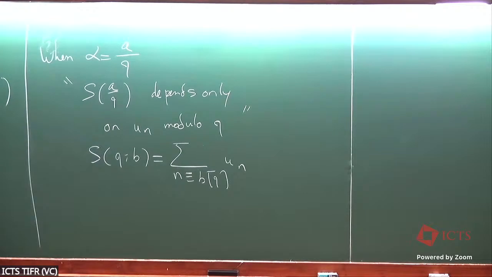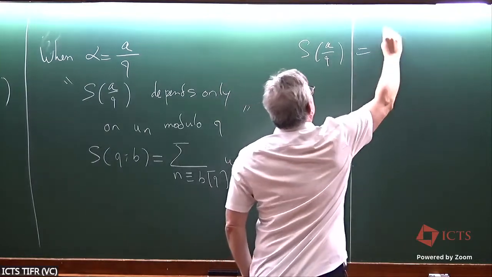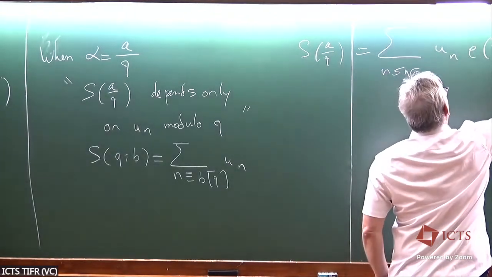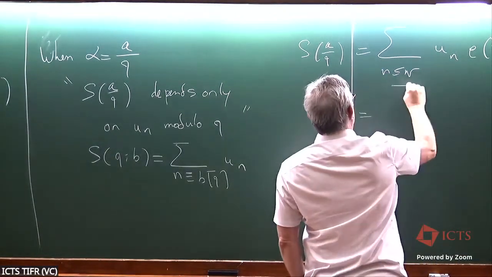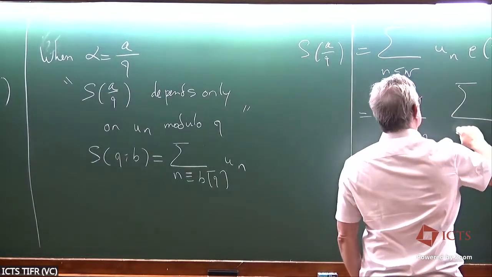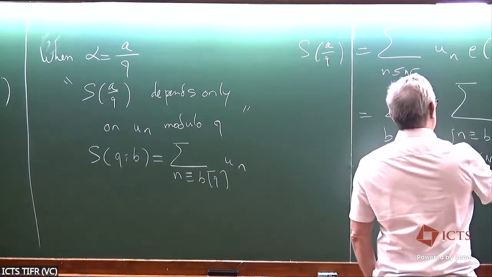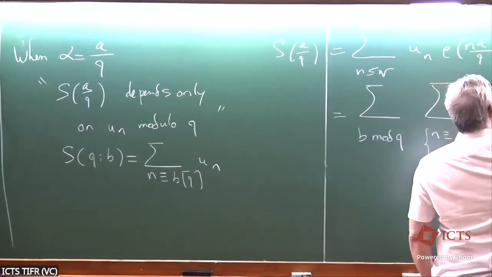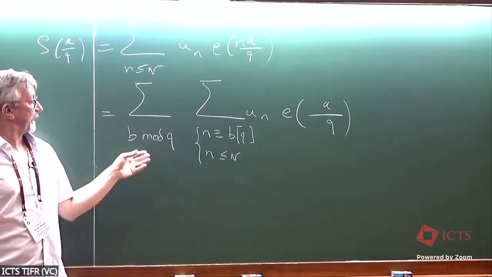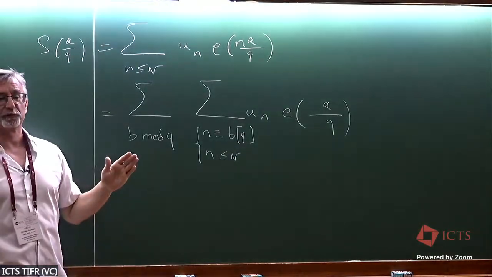Let me do it here. S(a/q) is the sum for n less than N of u_n e(na/q), which is a sum. I can split my summation. This one was my definition, and this one is a partition. If I look at the integers, I can split according to arithmetic progression modulo q.